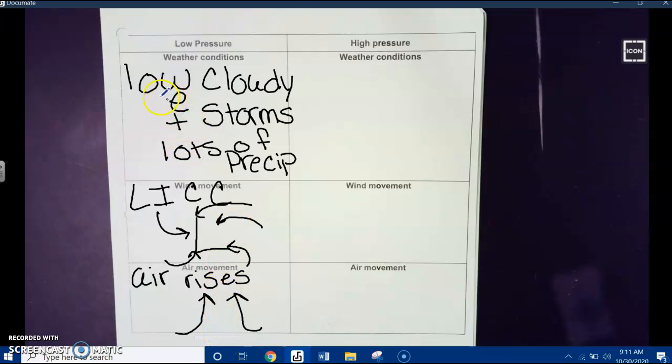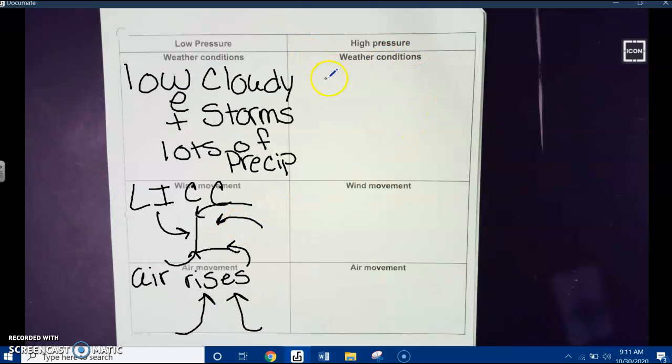So low pressure systems are associated with cloudy, storms, lots of precipitation. Low in counterclockwise, they ask about this on the Regents all the time. So our winds are moving in a counterclockwise motion. And our air movement is going up because everything is funneling into that low pressure system and then moving upwards to create our clouds.